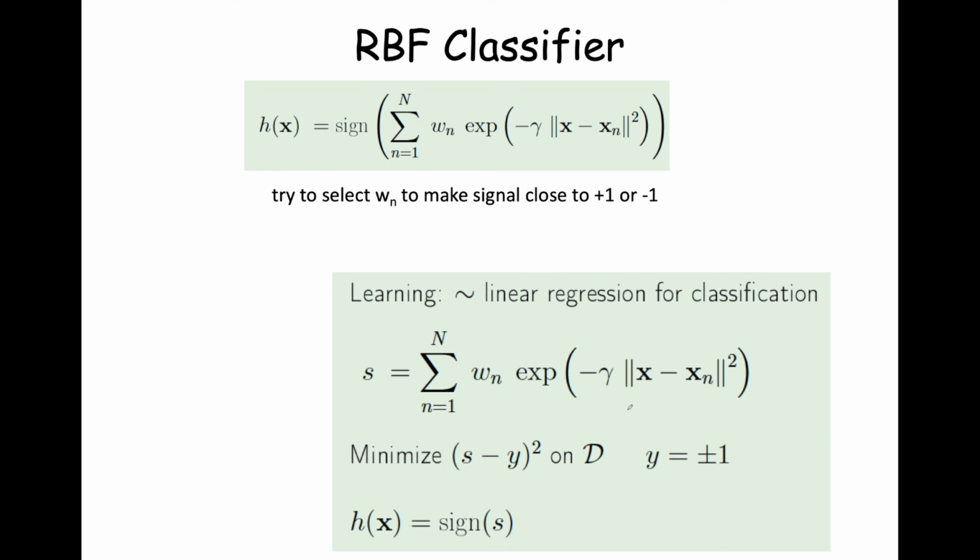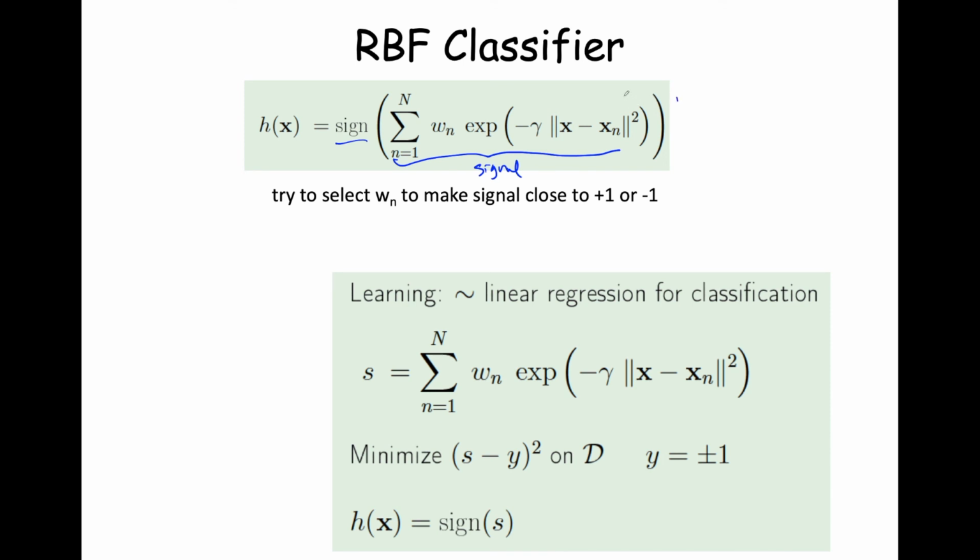Now, of course, we have our form of a classifier. We have our radial basis function, and that gives us a real value, and we call this our signal. And of course, like we did in classification where it was just W transpose X, we take our signal and then we pass that into the sign function to output a +1 or a -1.